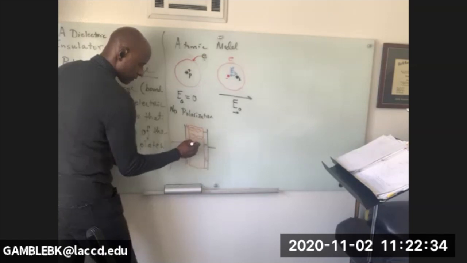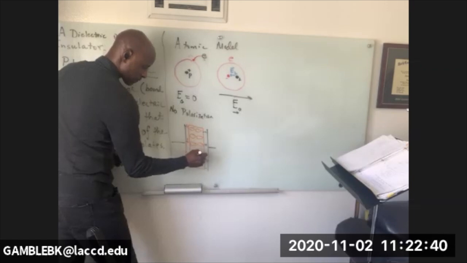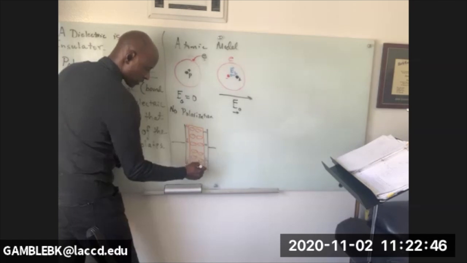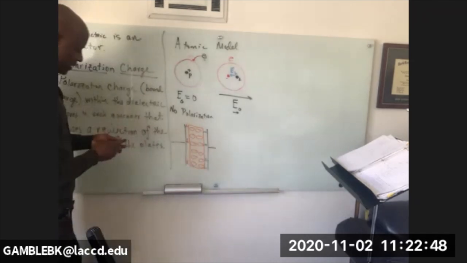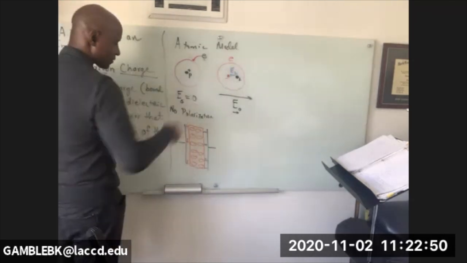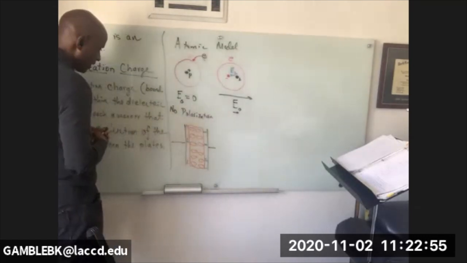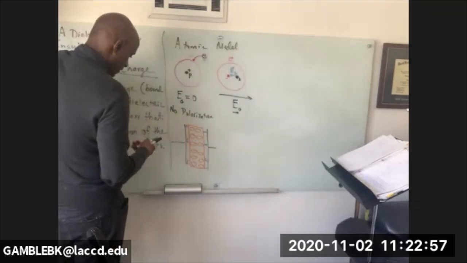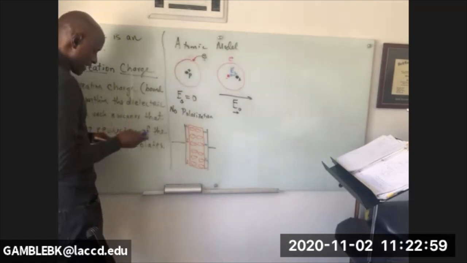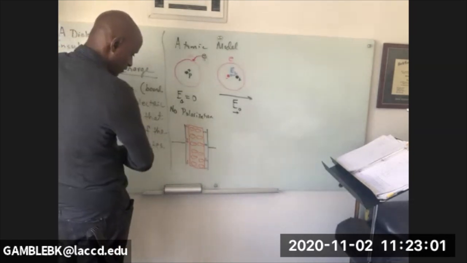My drawing is not going through. I'm trying to make ovals, but whatever. And in all of these little atoms, I've got this going on, where now my cloud has shifted over, and I've got a little EB in there. I'm going to draw little vectors that represent all these little bound electric fields.